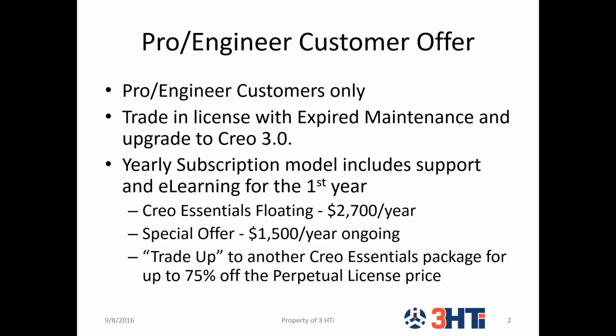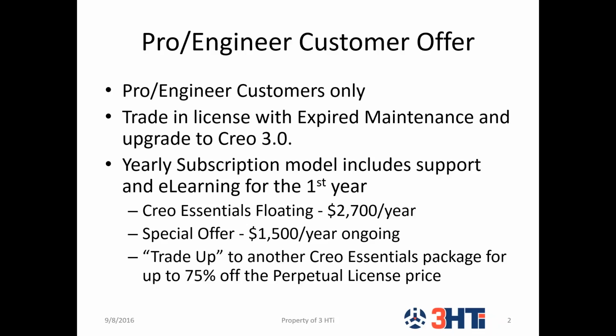A subscription for Creo Essentials floating is $2,700 a year. Now the offer for Pro Engineer customers with the expired maintenance is they can upgrade for $1,500 a year, and that's ongoing. So it's not like you pay $1,500 this year and then $2,700 next year. It's $1,500 a year ongoing, and that includes support and also e-learning for the first year.